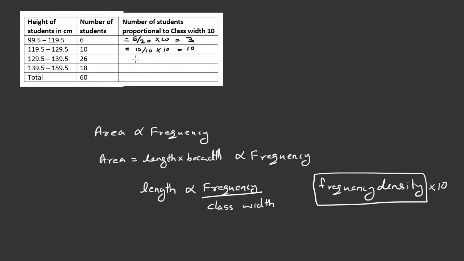In this case, it is 26 divided by class width 10 into 10, that is equal to 26, and for this case it is 18 divided by class width 20 into 10, that is equal to 9. So now we can draw the histogram with varying width.